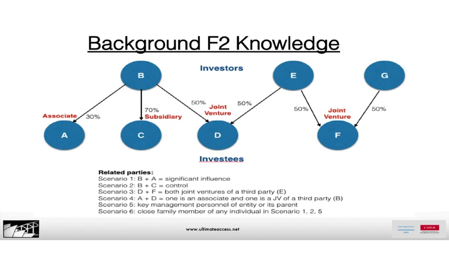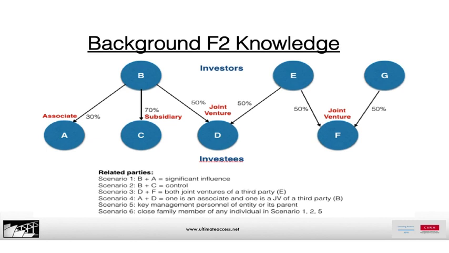Scenario 2, we would have Company B and Company C, where Company B owns 70% of Company C. Company C would then be considered a subsidiary of Company B, because there is significant control over the management and running of the business of Company C.